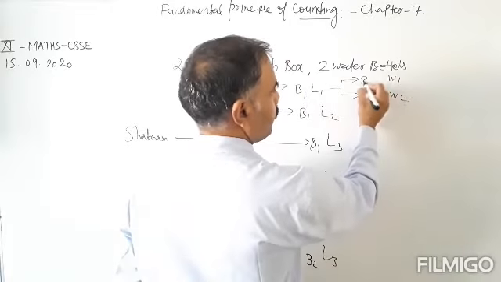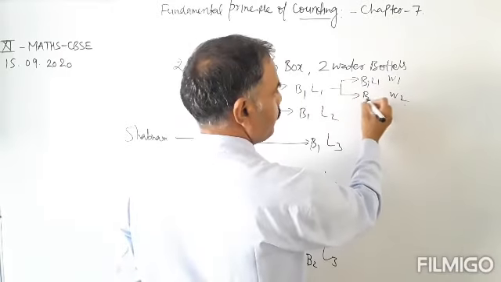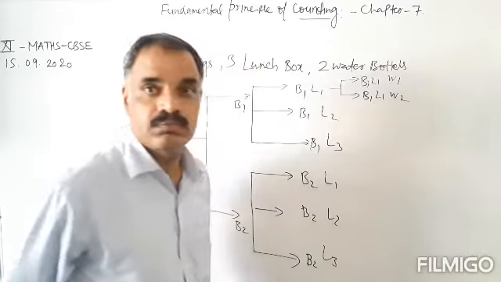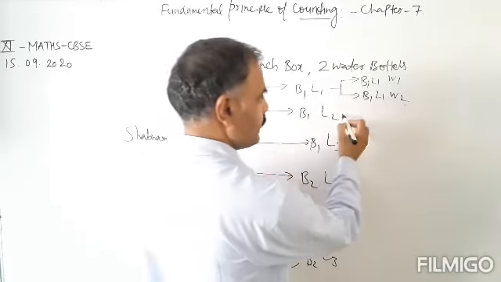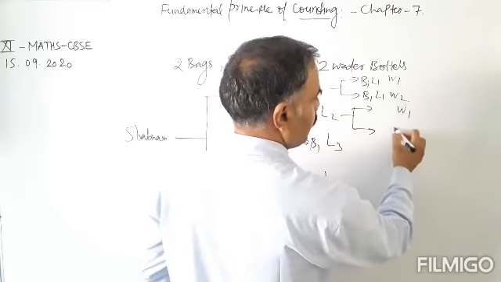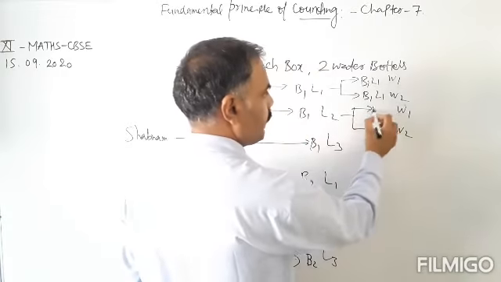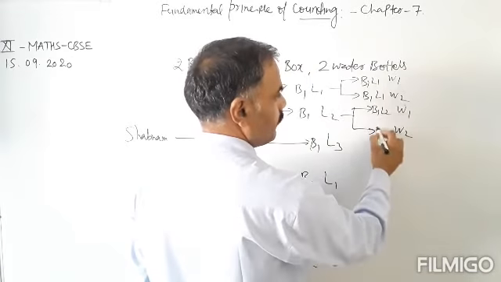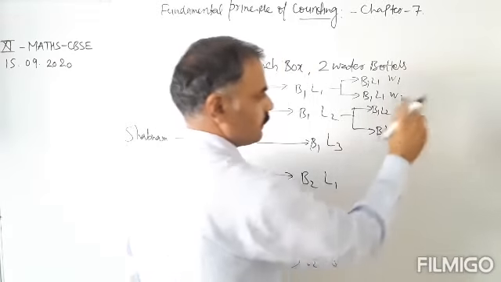So B1 L1 W1, B1 L1 W2. Now with the next pair she also has 2 choices of water bottle, W1, W2. So B1 L2 W1, B1 L2 W2.